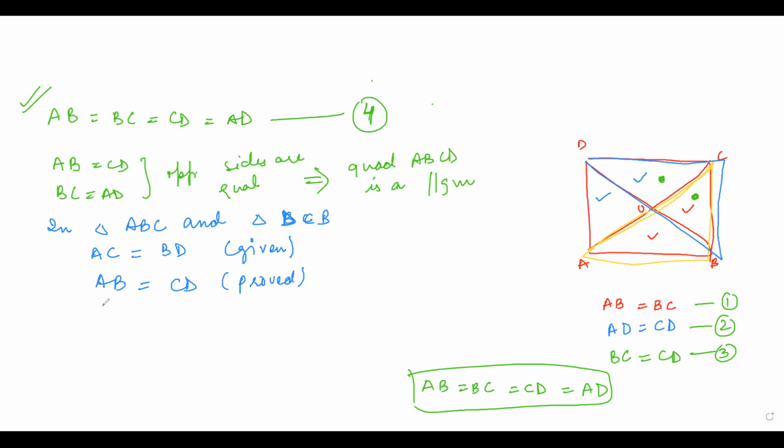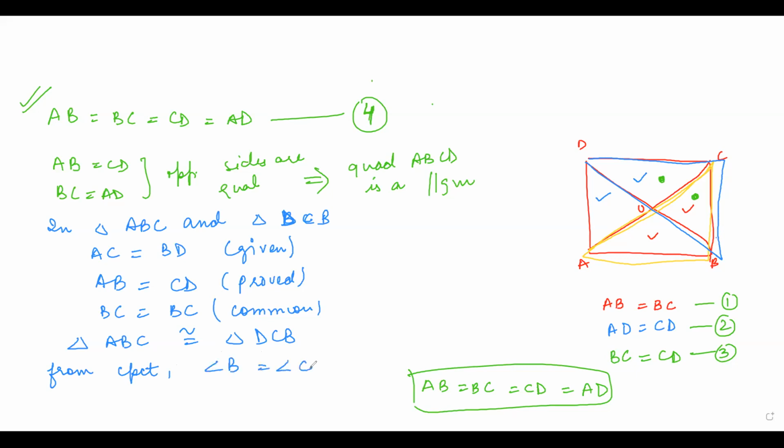And BC side is common here. BC is equal to BC, as you can see, it is common, right? Okay. So the triangles are congruent. So triangle ABC is congruent to triangle DCB. And from CPCT, you can say angle B is equal to angle C. Can I say that? Yes, ma'am. Okay.